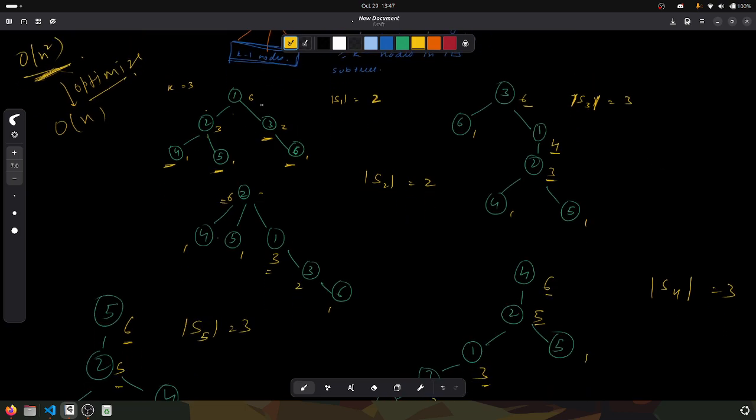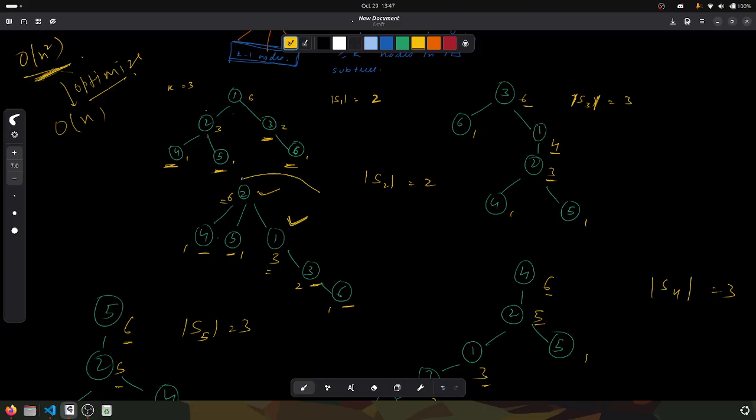When 1 was root and when 2 was root, when 1 was root, nobody was greater than or equal to 3, and again when 2 is root, no one will be greater than or equal to 3. So we just need to update for 1 and 2, right?